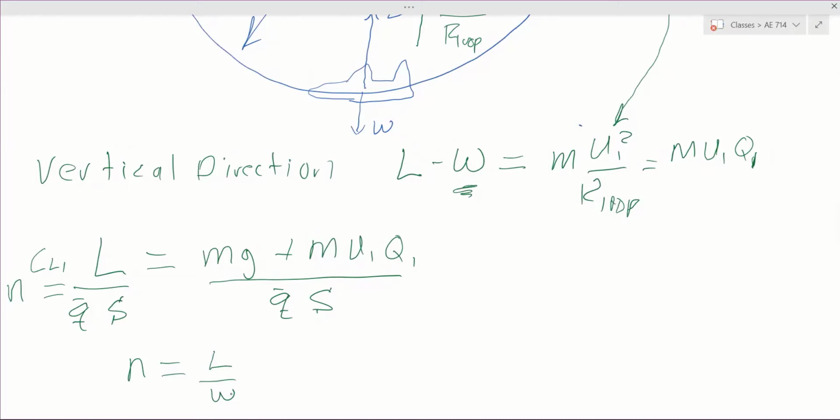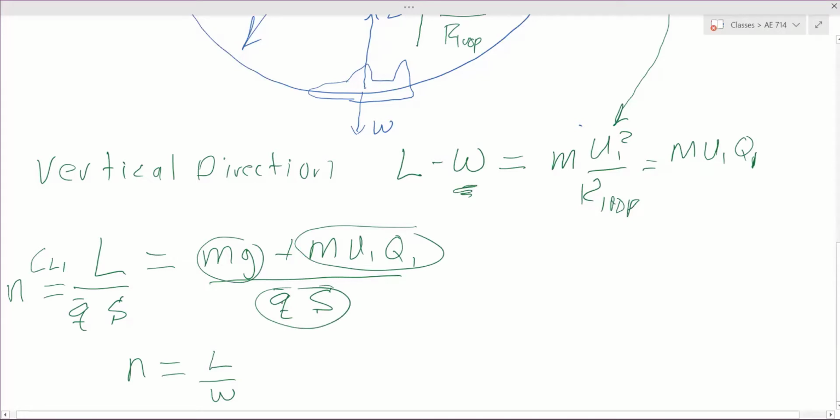And so that's what we have on the right, mass divided by Q bar S. So this extra term here is providing the extra that we need for the load factor. Right, mg over Q bar S is just CL1, so with the extra force needed to provide the centrally acting force, we get the load factor out of this.